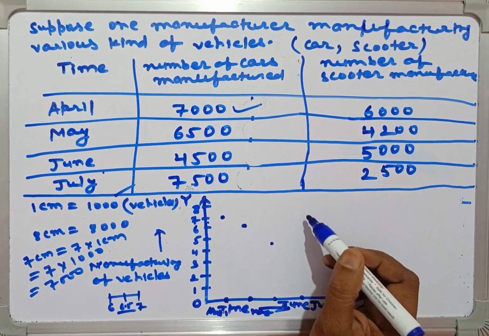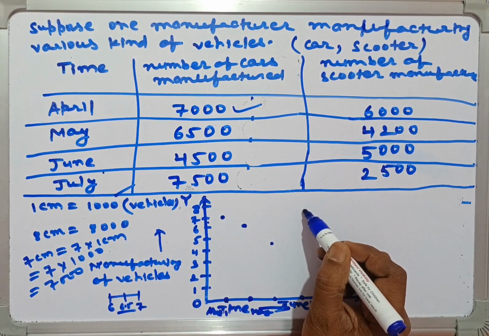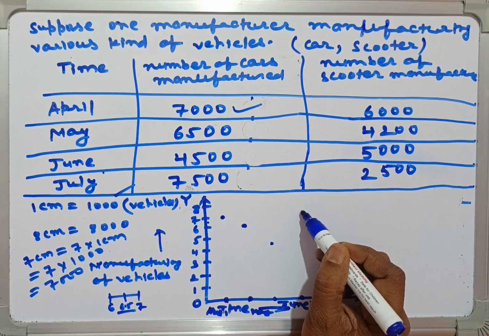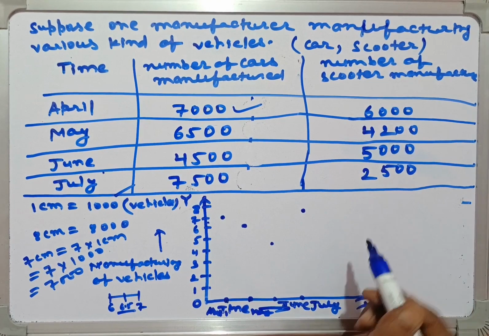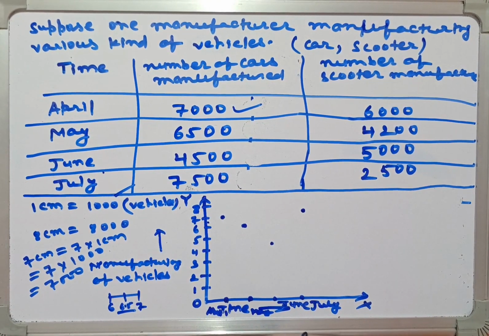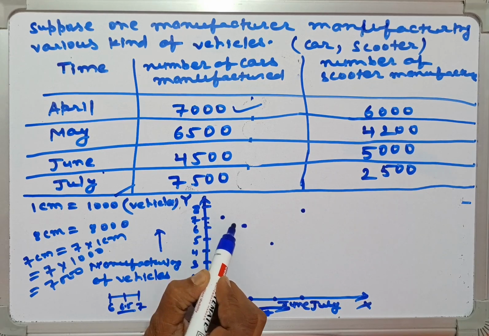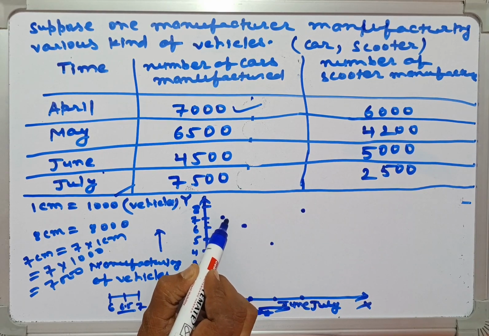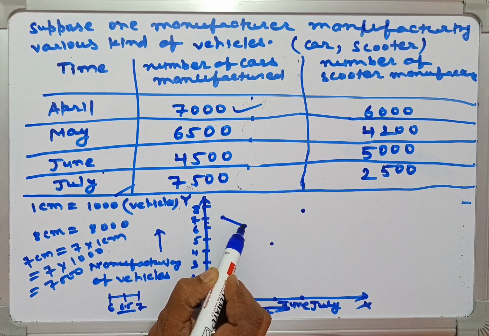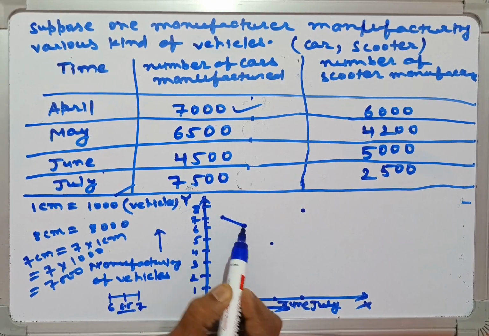Okay, so the 7.5 means 7,500, so we put a dot here. Okay guys, now as per definition, 2 points must be connected through a straight line. Okay, so we connect this one to this one.